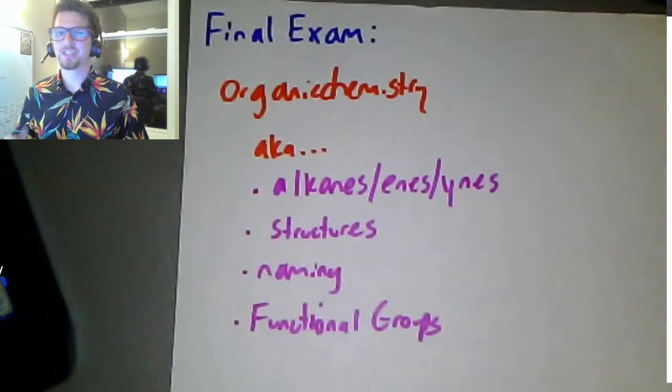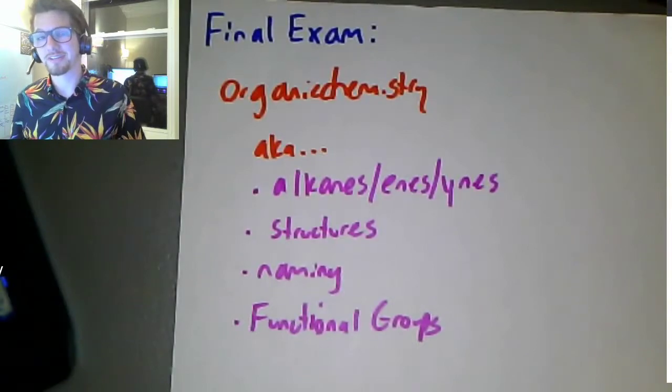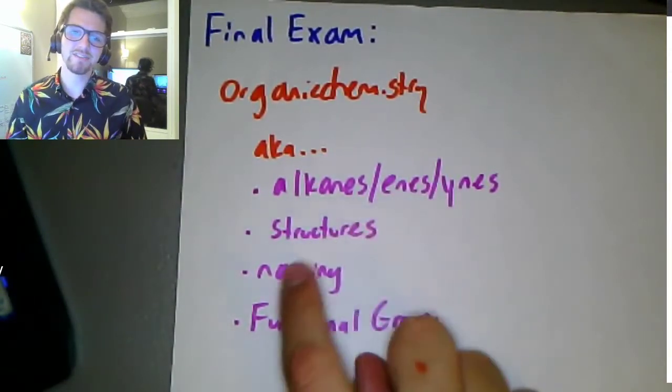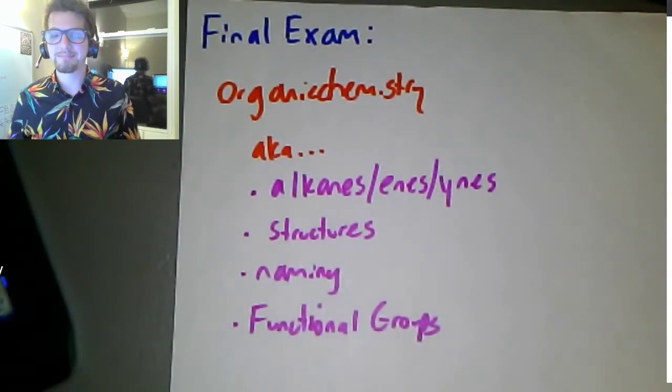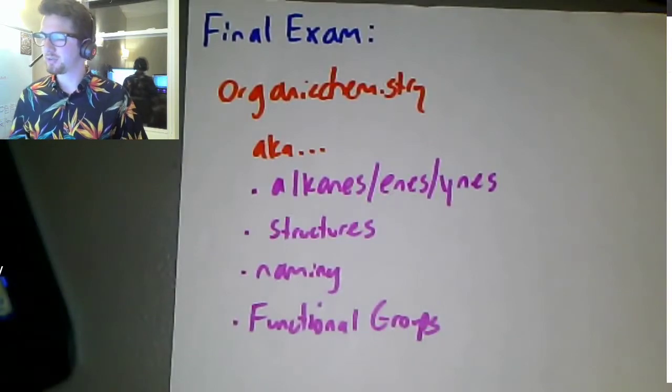Since we're stuck online, really what we're going to do for the final exam is just a test on the organic chemistry stuff we've done. So in the alkanes, alkenes, alkynes, drawing the structures and the names, and then the functional group section we're doing right now. So we'll review all that, and I'll let you know more specifics as we get closer.